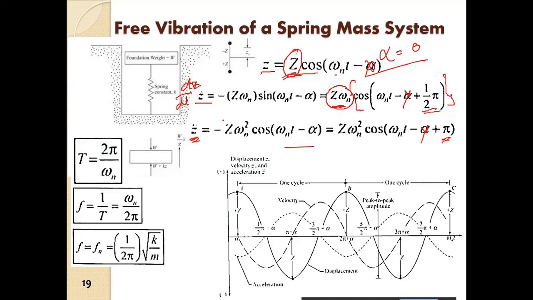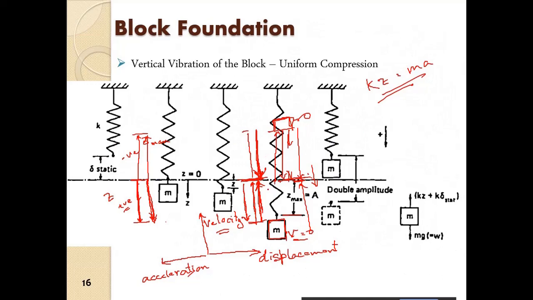Now if we again differentiate this velocity, we will get again a cosine function at a phase difference of pi, that is 180 degrees, and we have this maximum value of acceleration. Okay, I hope you have understood how it is happening.